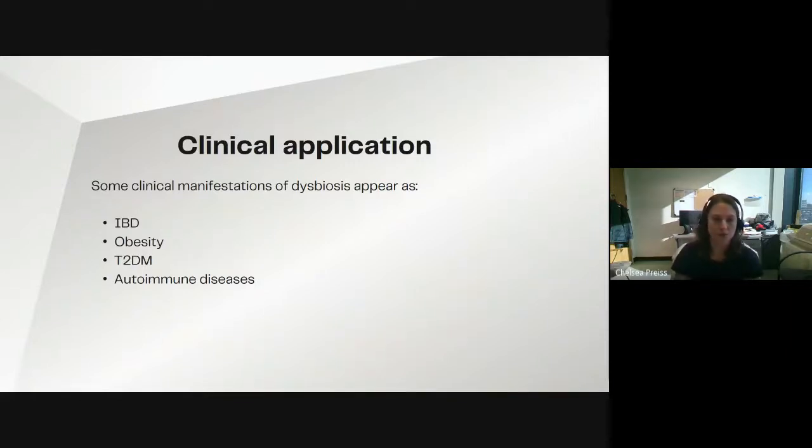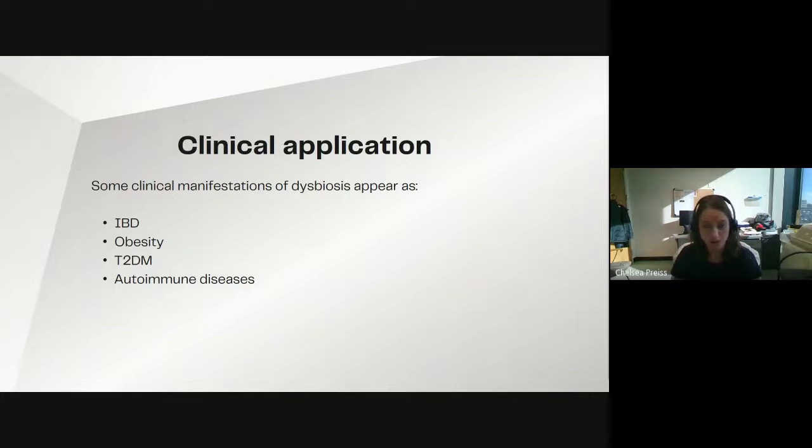So what does dysbiosis look like in a patient? It's probably unsurprising that it's found in inflammatory bowel diseases like ulcerative colitis and Crohn's disease. Both have elevated amounts of toxic strains of E. coli and altered bacteria.